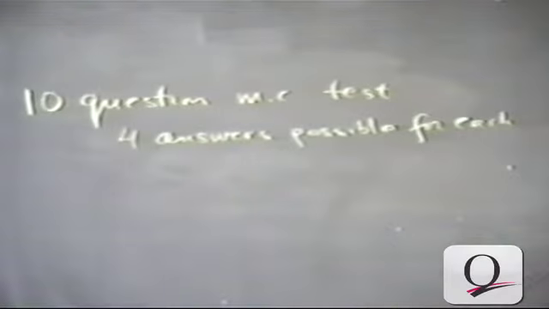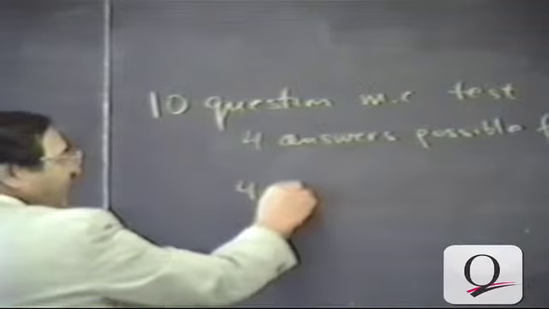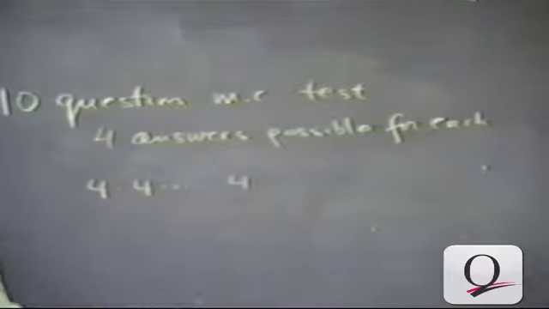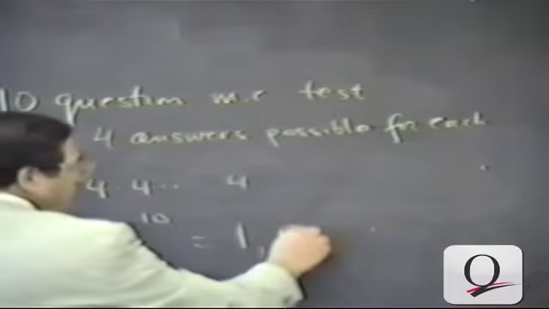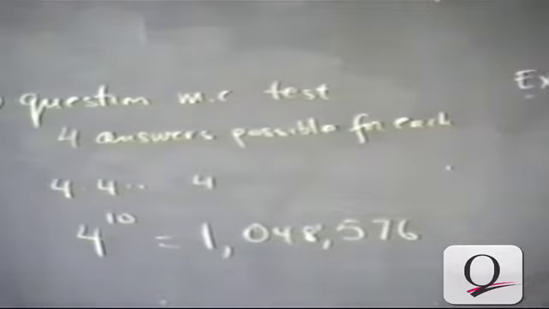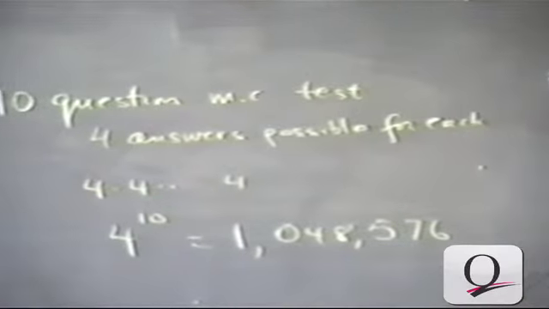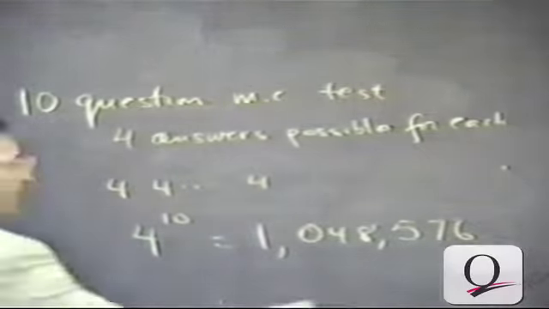How many different ways could a student answer this exam? Well, he has 4 choices for the first, 4 for the second, all the way up to the last. 4 to the 10th choices, which is over 1 million: 1,048,576 ways that exam could be answered. Okay.